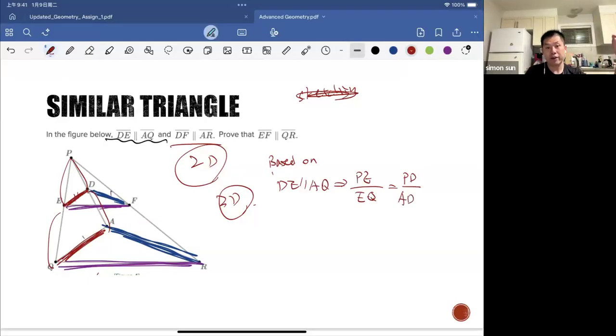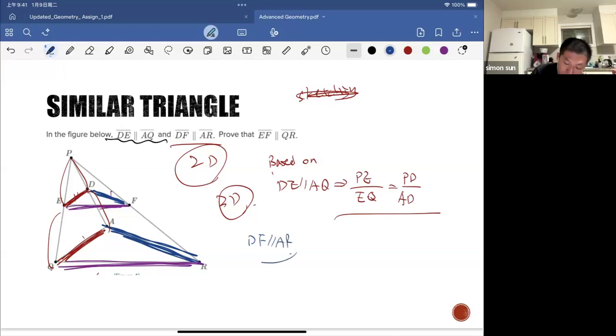Because you have a line parallel to the base, then the two other sides will be divided into the same ratio. And what about if we have DF parallel to AR?